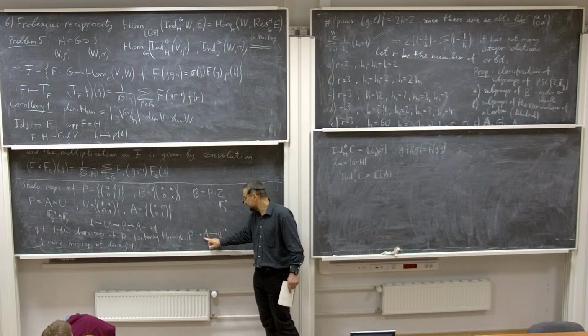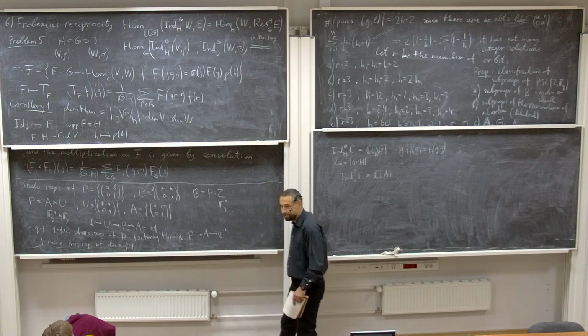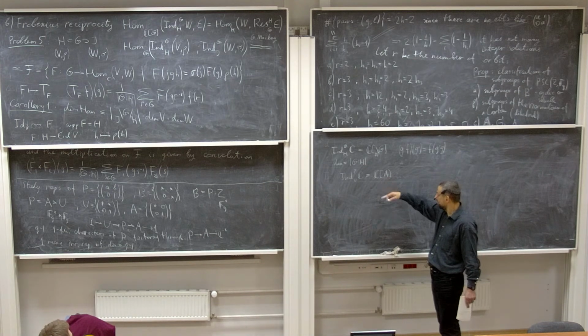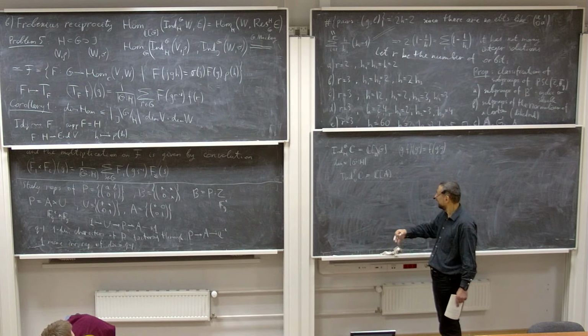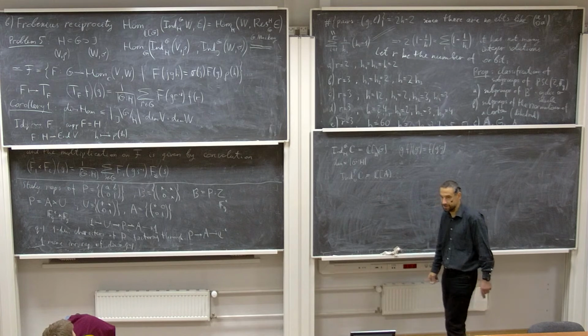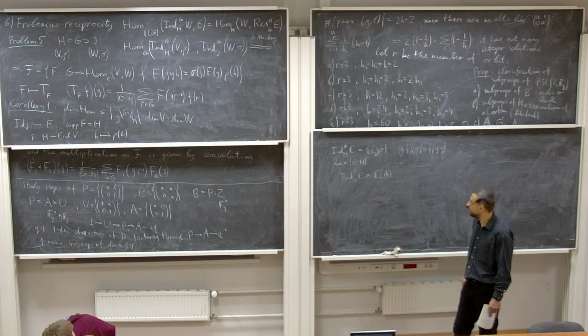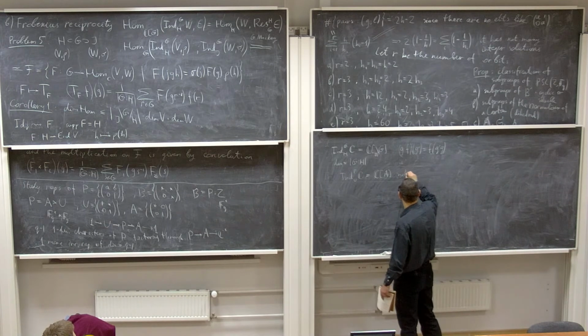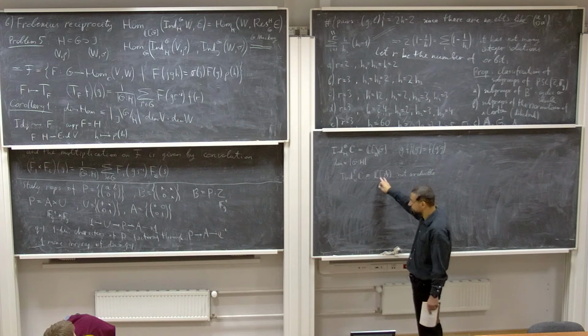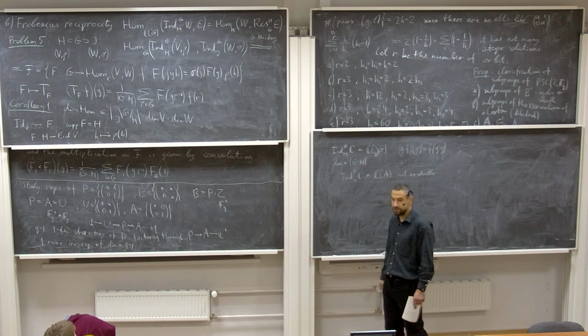Just A acting on itself, P projects onto A, and the action of A on itself decomposes the regular representation into just all the characters. So this will not be irreducible. The dimension is okay, it is q minus 1, but unfortunately it's not irreducible.